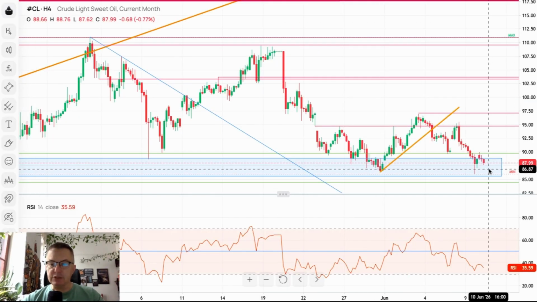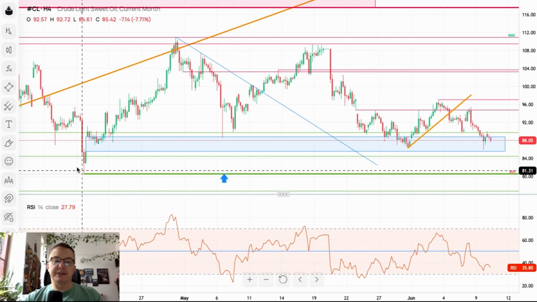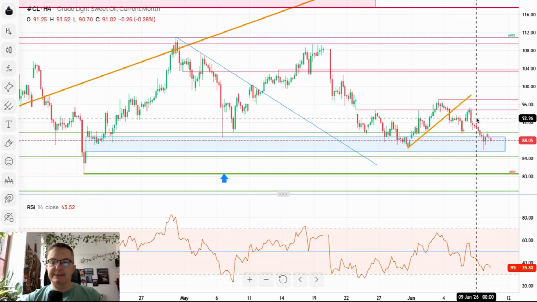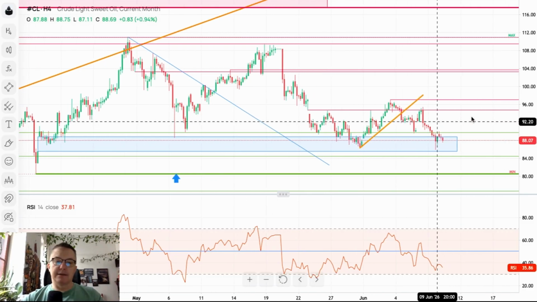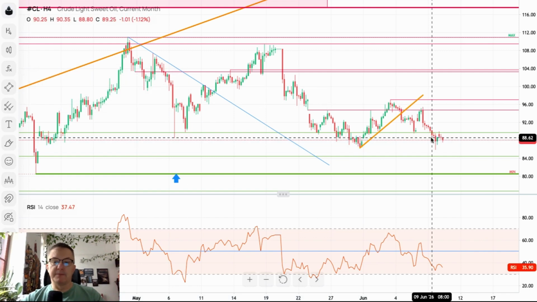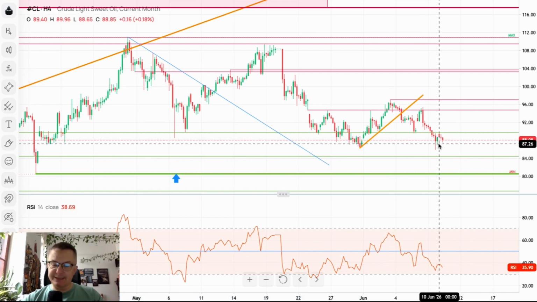Crude oil finally closes the gap, fills the gap. The retail gap has been filled, yes, almost to the pip. As expected, the blue rectangle is now completed. We might remove it from our chart. Nevertheless, the bears don't stop. They don't surrender.